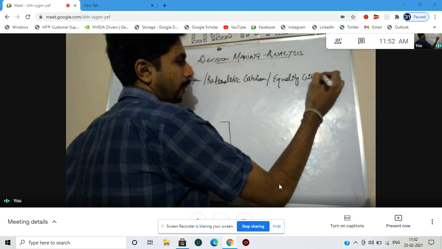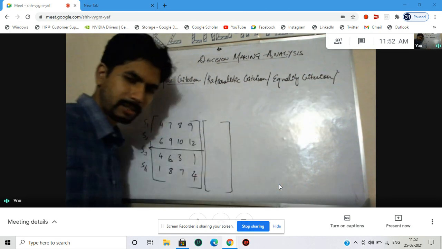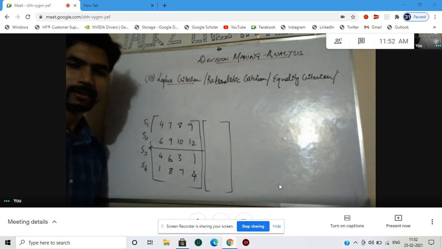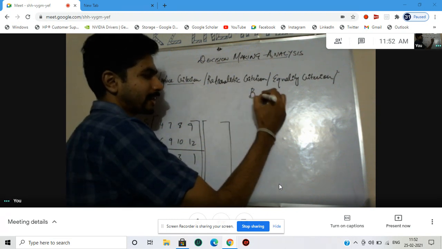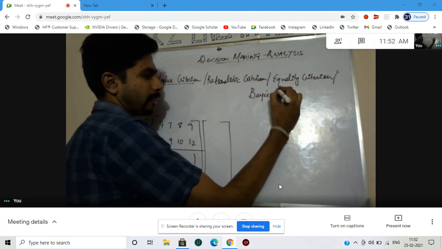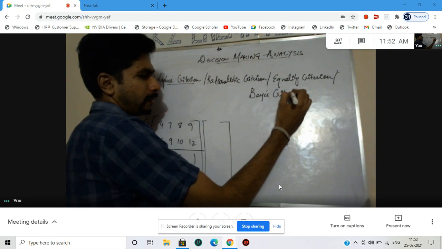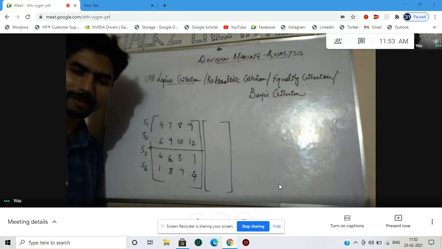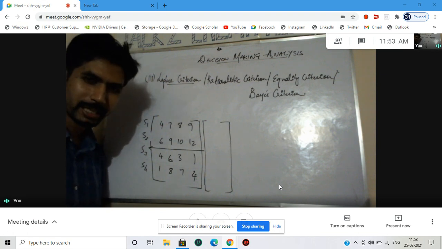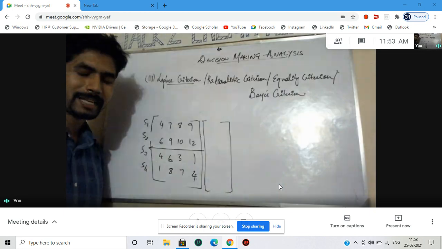This technique also has another name, that is called Bayes criterion. So this comes under the probability thing, wherein all the people should be given equal opportunity for the selection.